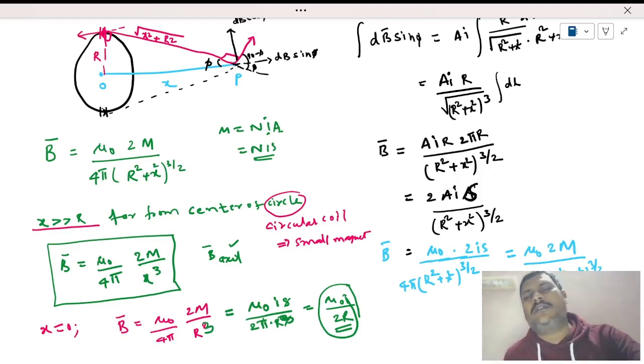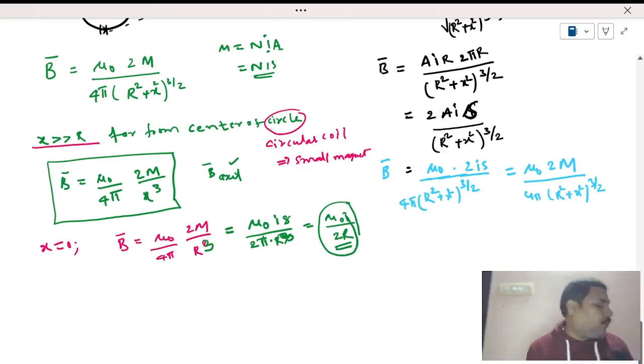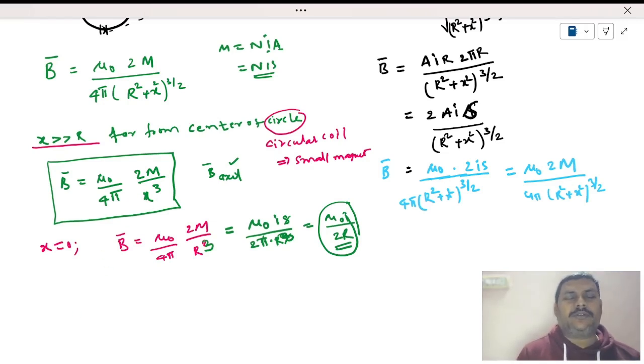Whereas at a far point, it is mu naught 2m by 4 pi into x cube. If you want to write that in terms of I, here NIA, IA get cancelled.